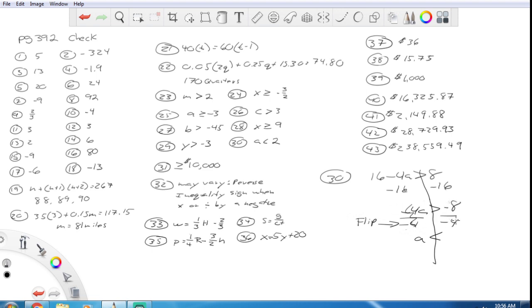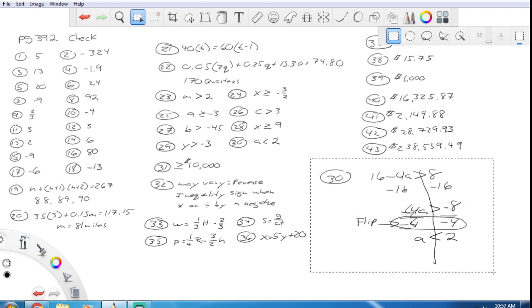And then negative 8 divided by negative 4 is positive 2. So there, that makes more sense. But it's only when your divisor or your second factor is negative that it's going to change. So think about any time that you're going to change the sign on one side, it's going to flip that inequality symbol.